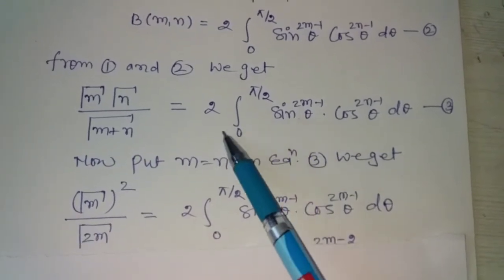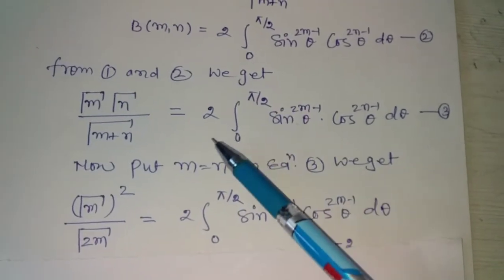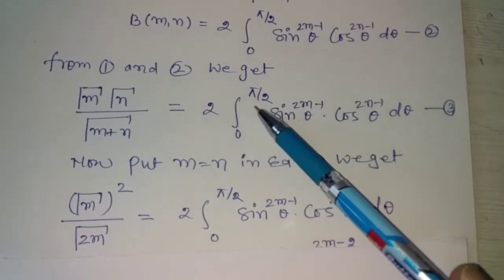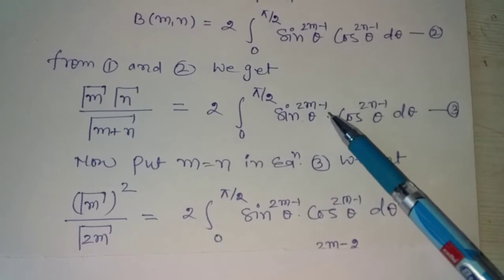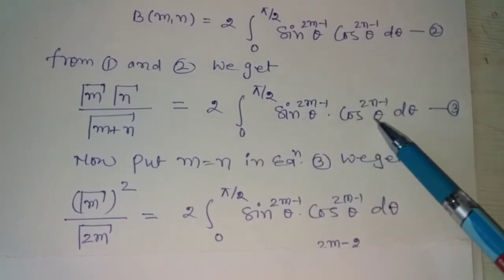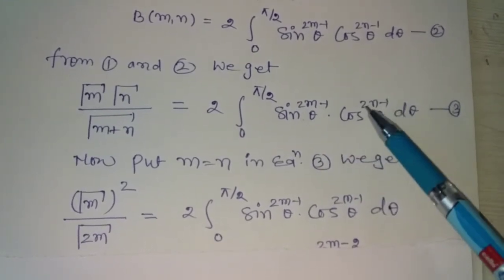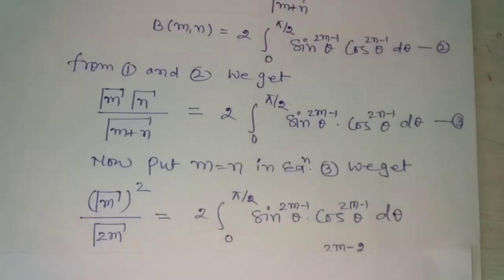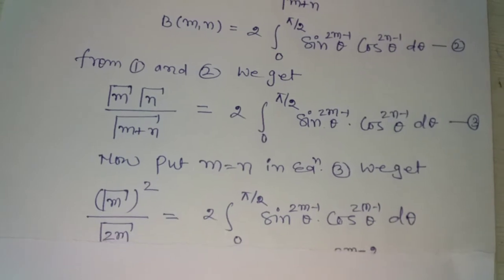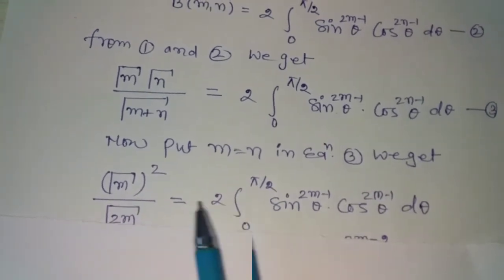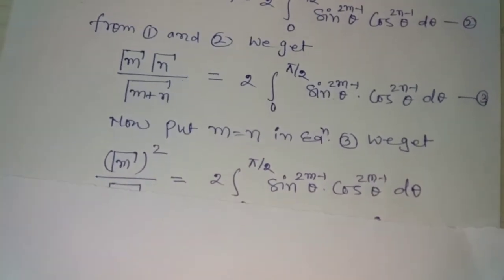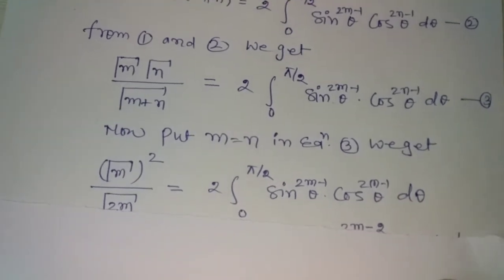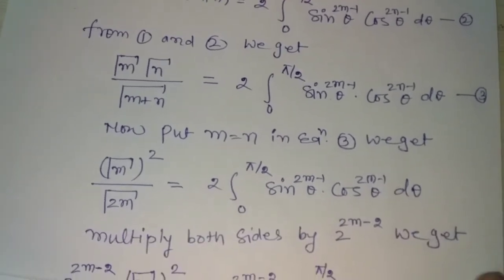Now in the right hand side we have 2 into the integral from 0 to pi by 2 of sine raised to 2m minus 1 theta and cos theta raised to 2m minus 1, since m equal to n. Now we multiply both sides of this relation by 2 raised to 2m minus 2.